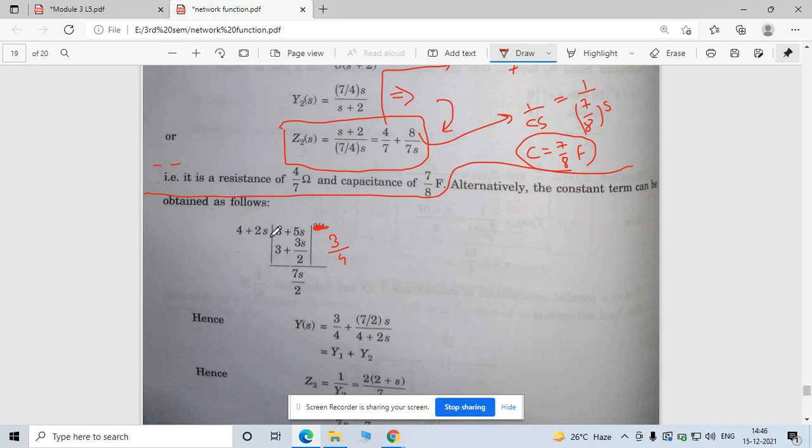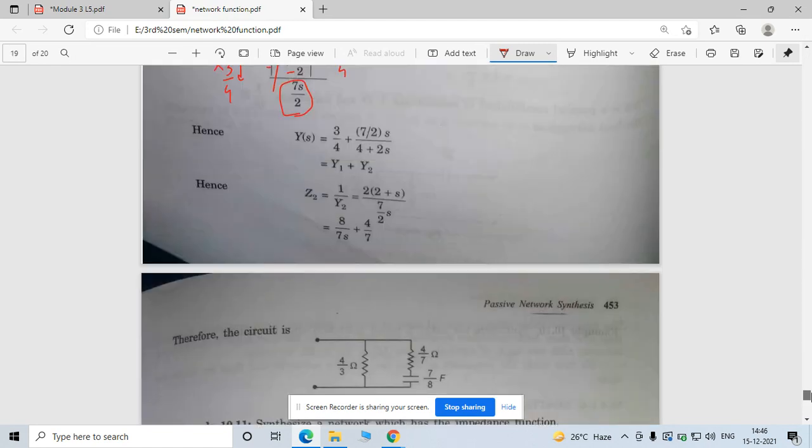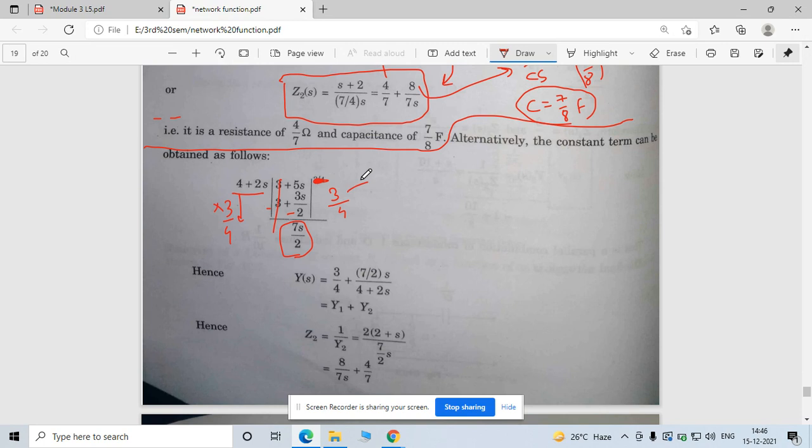So how to cancel out that term is when you multiply this whole term with 3 by 4. So this 4 cancel, and here is 3. So this is minus, so 3 getting cancel out. And this is minus term. So 5s minus 3s by 2, you will get 7s by 2. Now see, what function is given to you? Admittance function, right? So this is nothing but your y1, right?